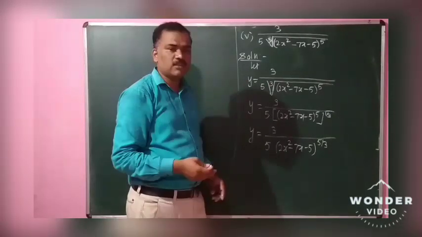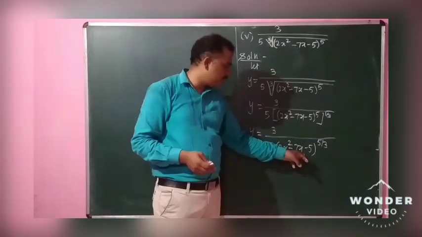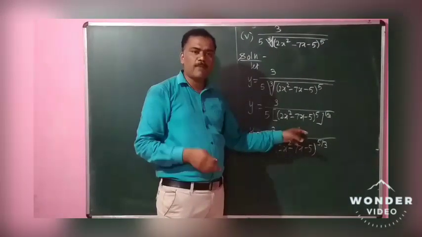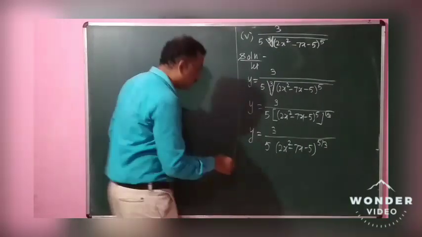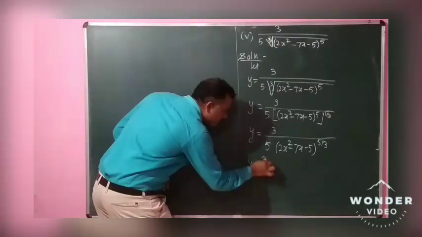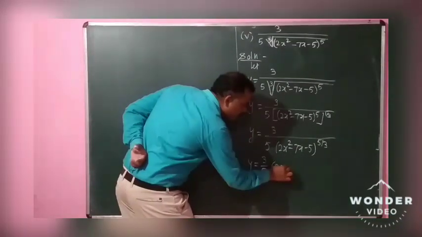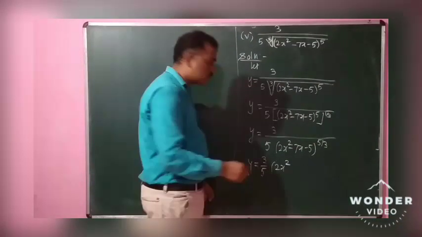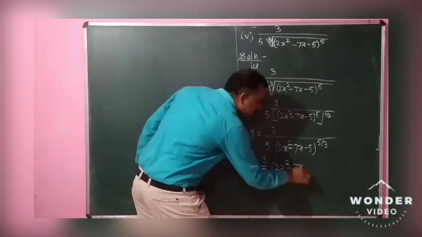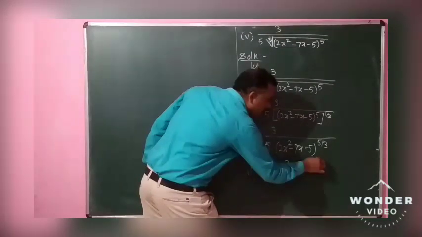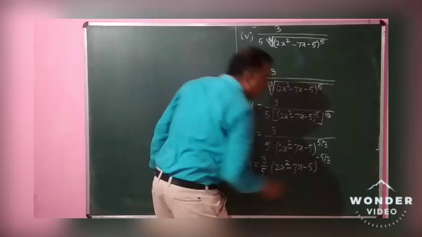But again, by using the laws of indices, when we take this bracket to the numerator, its power must be negative, so we can write y is equal to 3 by 5 into 2 into x square minus 7x minus 5 raised to minus 5 by 3.